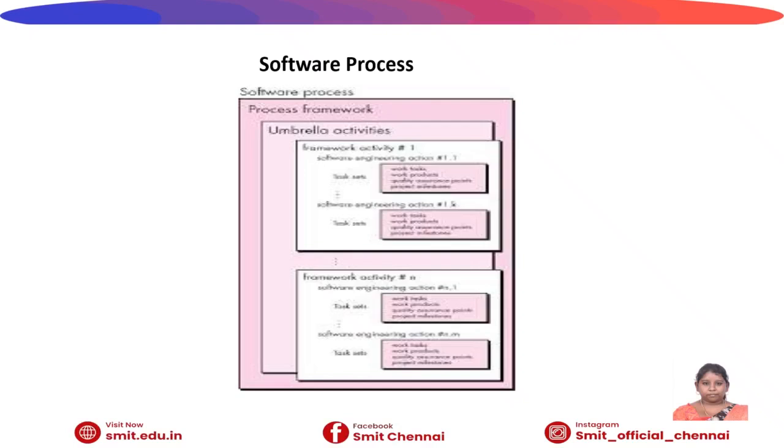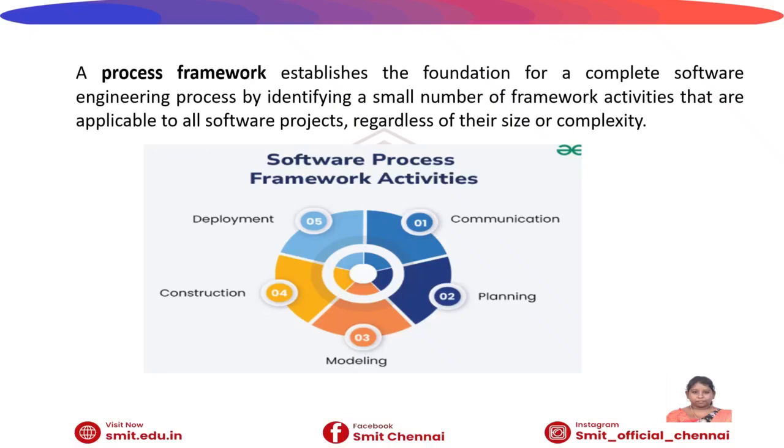Both provide the output for the software process to be a successful delivery of a product. The process framework establishes a foundation for the complete software engineering process by identifying a small number of framework activities that are applicable to all software projects regardless of size and complexity.